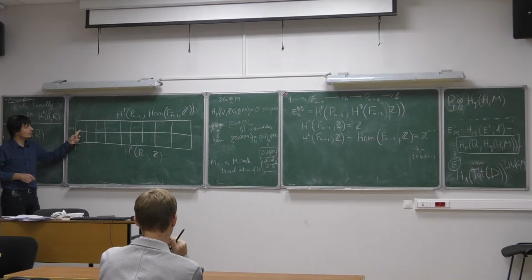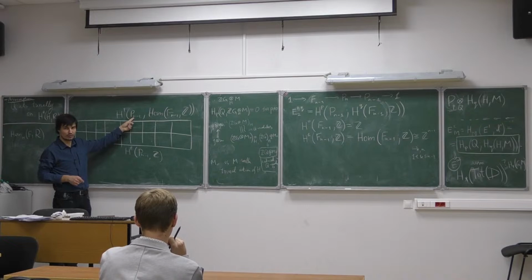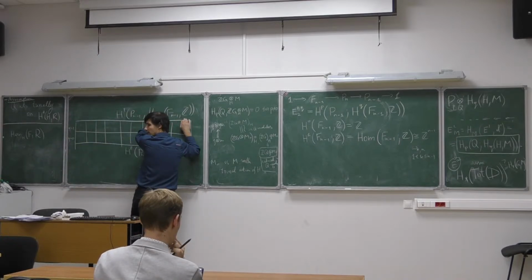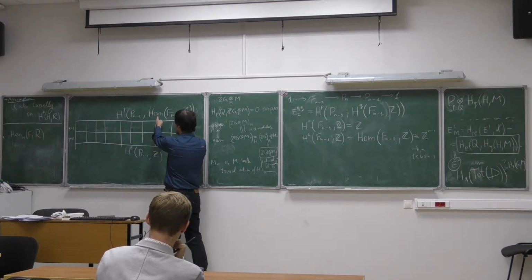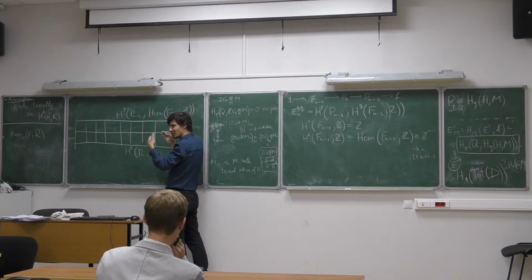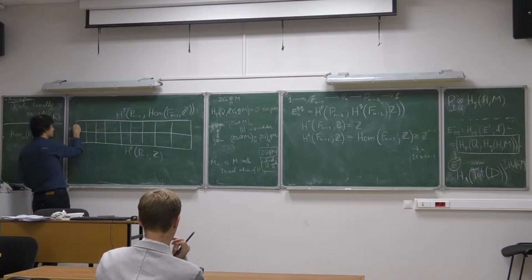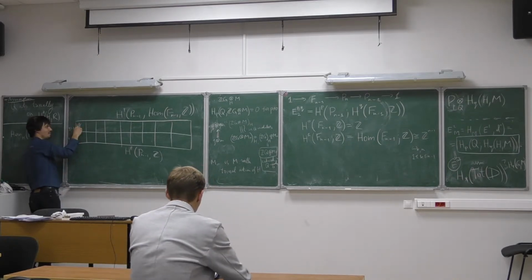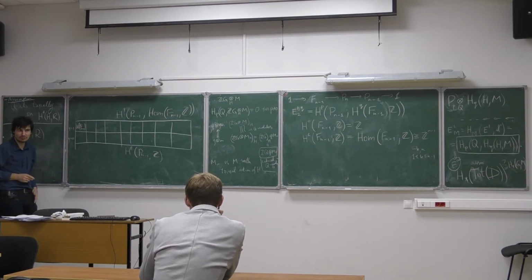This group is the zeroth cohomology of P_{n-1} in this Hom. What is zeroth cohomology? Zeroth cohomology is just the invariants of this Hom, but we know that the action is trivial, so this is just this Hom itself, which is, well, I prefer to write it down as the first cohomology of F_{n-1}.